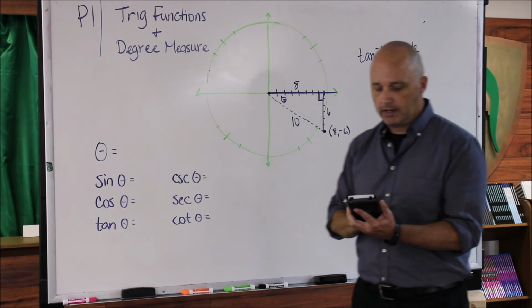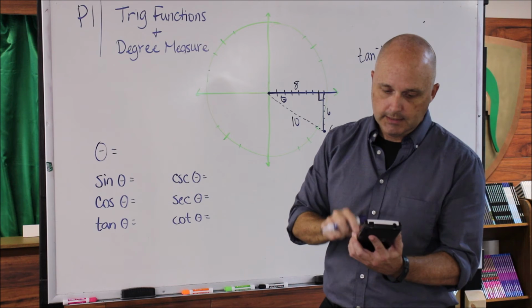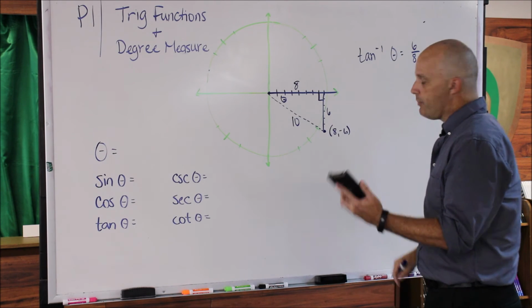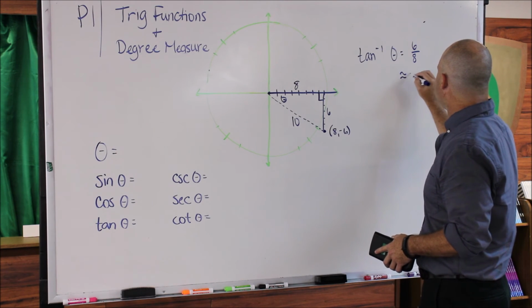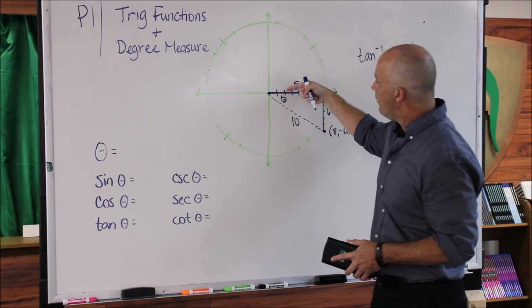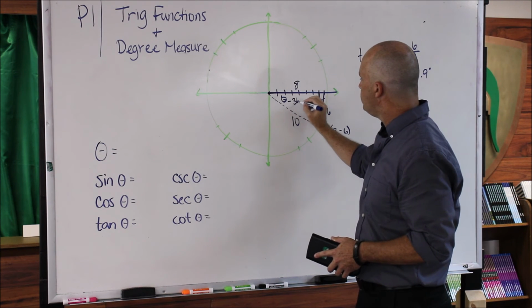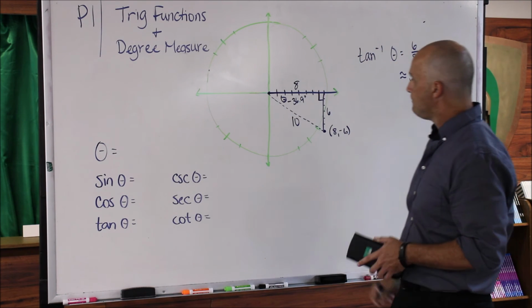So I'm going to plug that into the calculator. So second tangent, 6 divided by 8, and then that comes out to, again, approximately 36.9 degrees. And since this is going clockwise, this is a negative 36.9 degree angle.